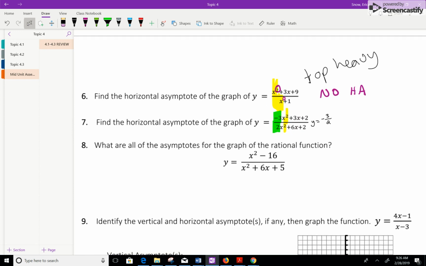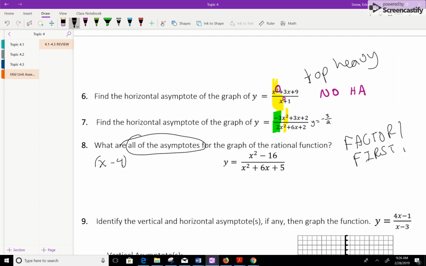Now, question 8 says, what are all of the asymptotes? The first thing you have to do is factor first. So on top, we have x minus 4, x plus 4 over x plus 5, x plus 1.